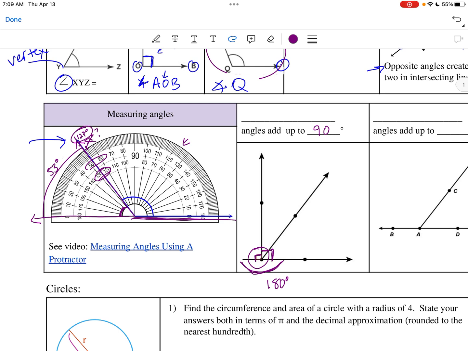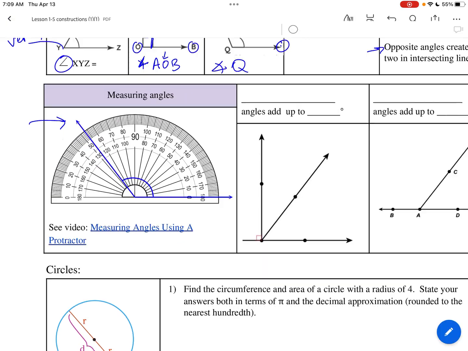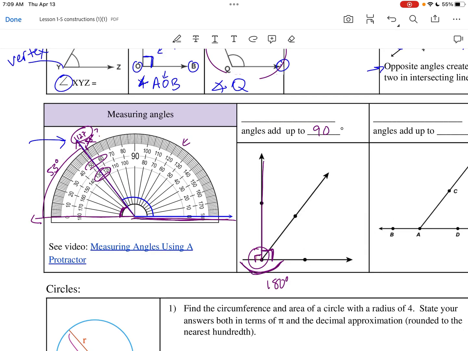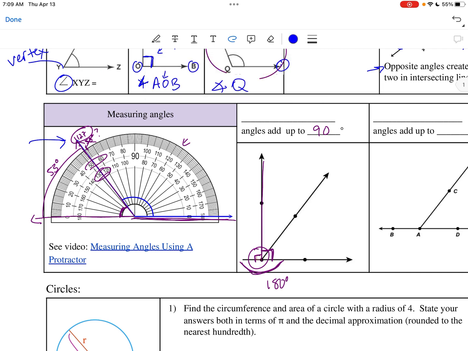So then we know that these two angles, I'm going to switch back to my blue, this angle and this other angle add up together to 90 degrees because they are what's called adjacent.